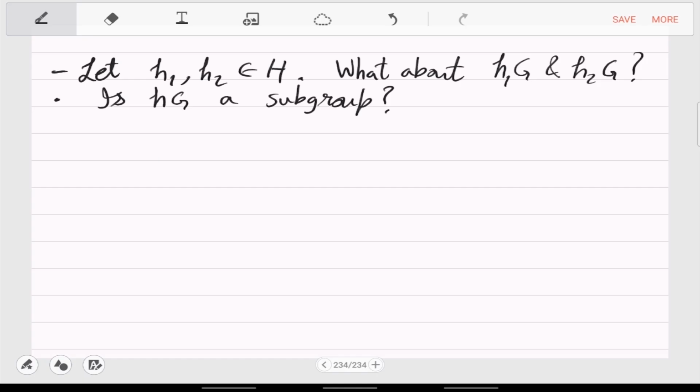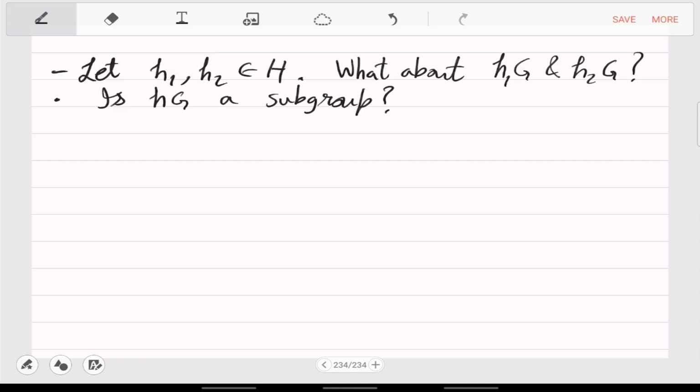And the next question would be that if you take two elements h1 and h2, then how does h1 g and h2 g compare? For example, are they the same? Before that, you can ask, are their sizes the same? G was a finite group. So these are two finite subsets.